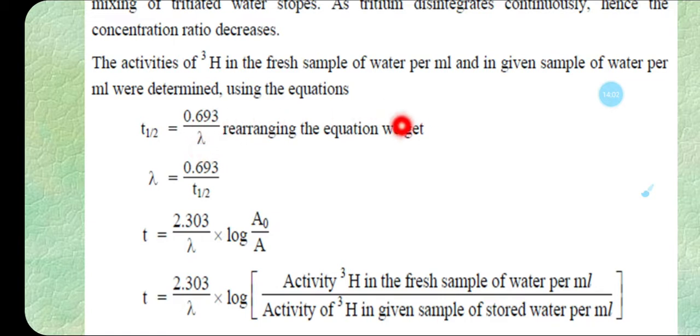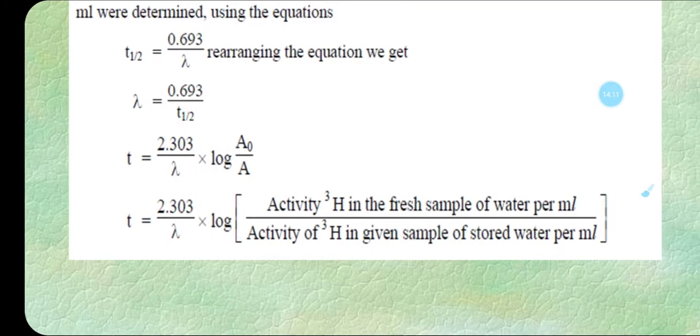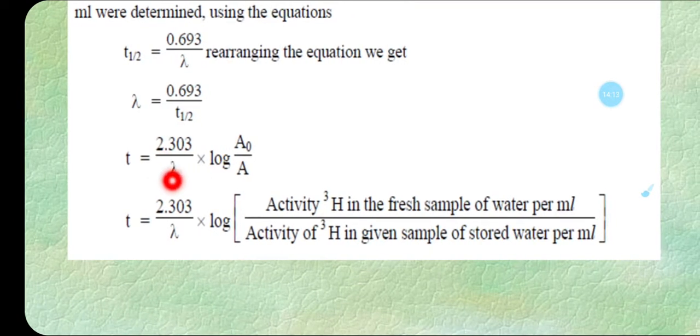If we rearrange the equation, lambda is equal to 0.693 divided by T1/2. So we also know the rate equation of radioisotopic reaction, that is lambda is equal to 2.303 upon t into log of A0 upon A. So rearranging the equation, we get t is equal to 2.303 upon lambda into log of A0 upon A.